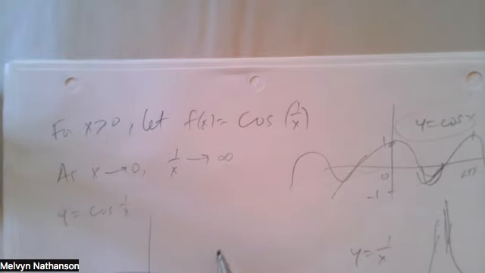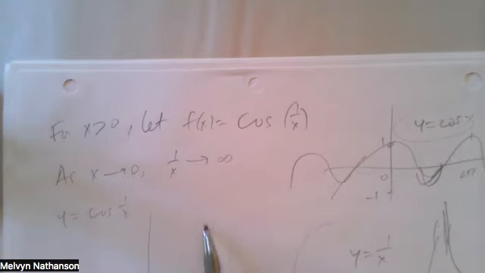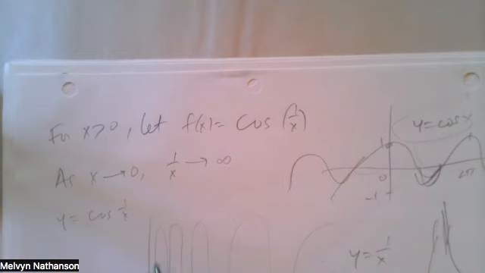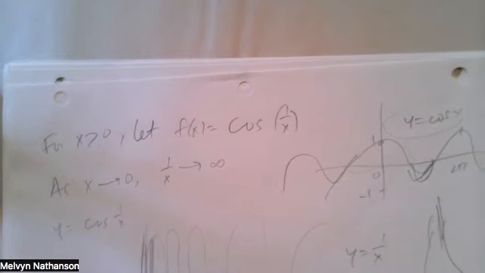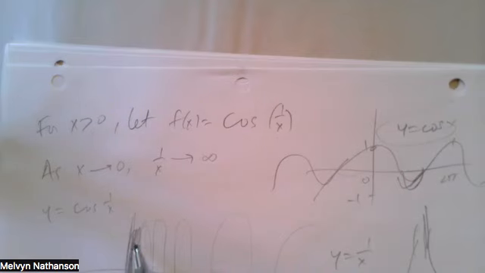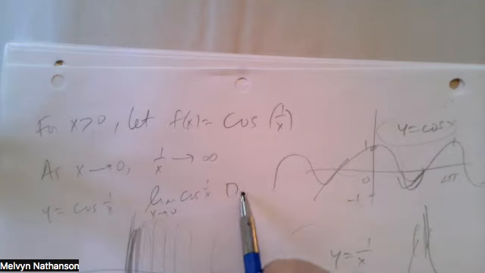Well, it starts out oscillating slowly, but oscillates faster and faster and faster. There's a very good picture of this in your book on page 67. And this function, the limit of cosine of 1 over x as x approaches 0, I'll just write DNE, for does not exist. Right?